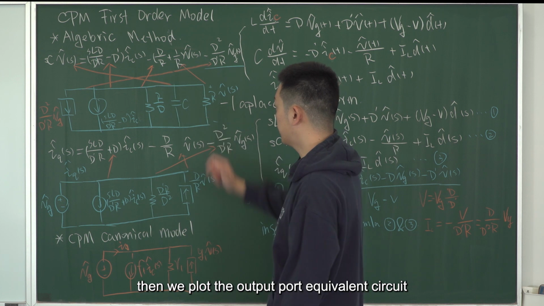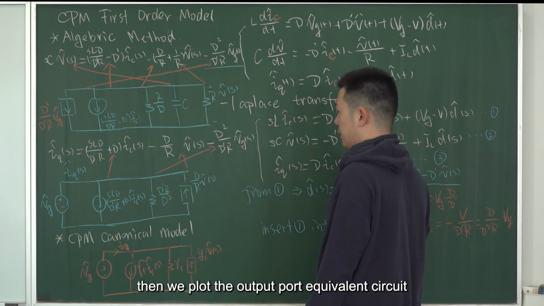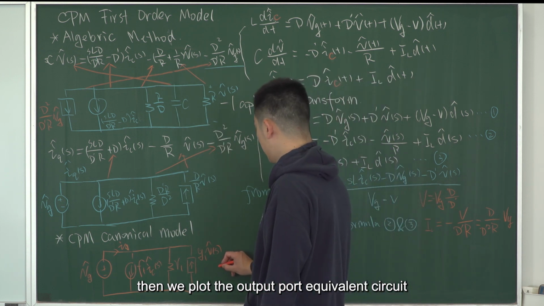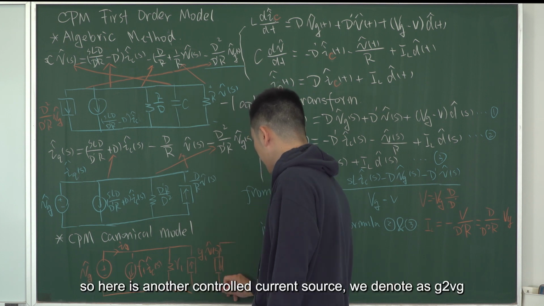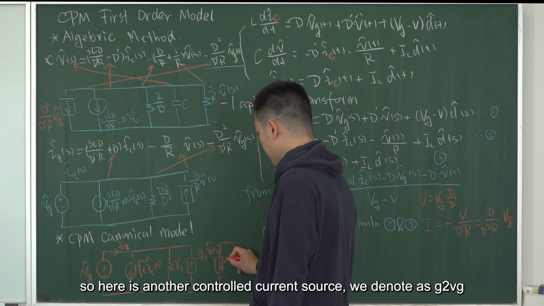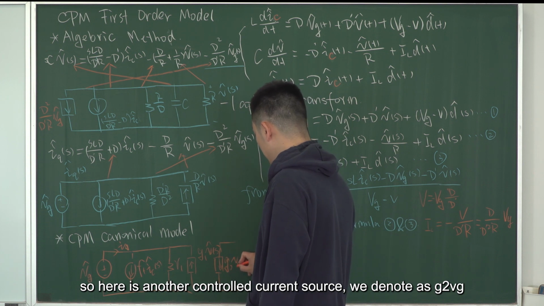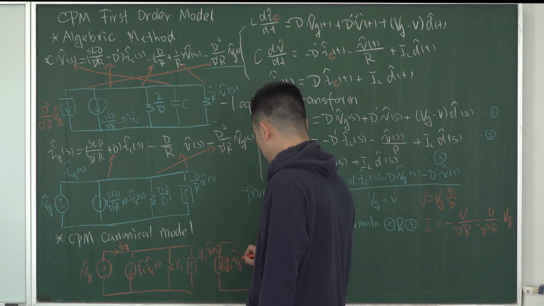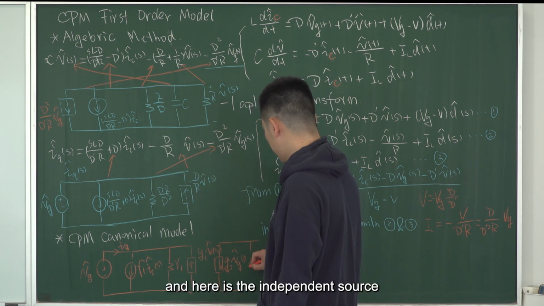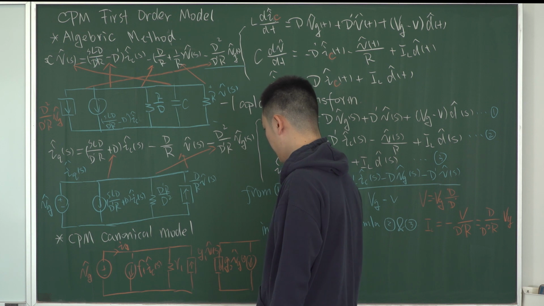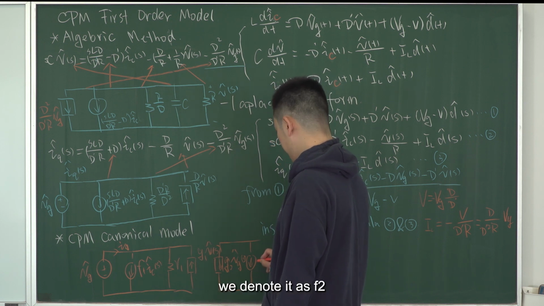Then we plot the output port equivalent circuit. So here is another controlled current source. We denote it as G2 VG. And here is the independent current source. We denote it as F2.